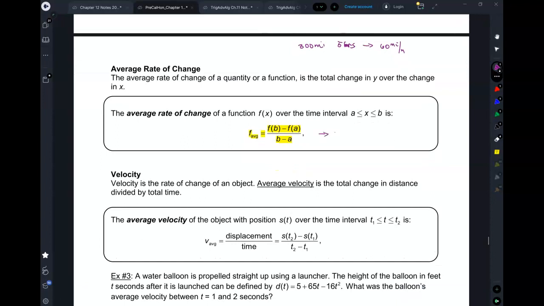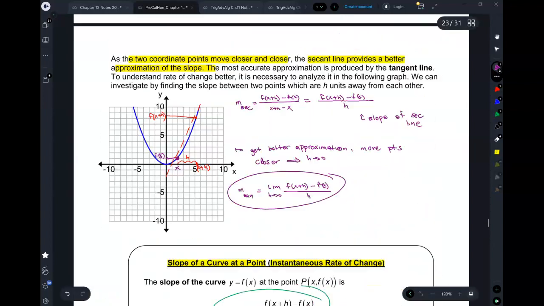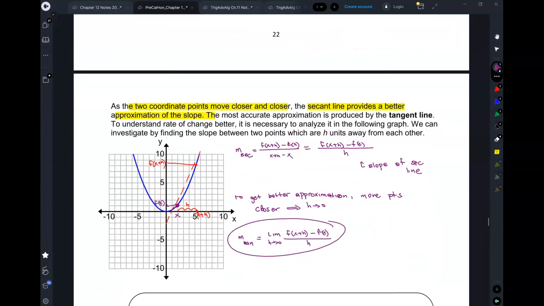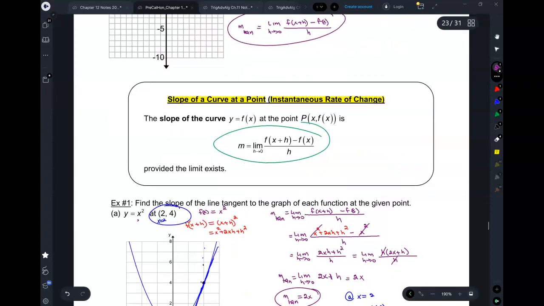So this is actually the slope of the secant line. So if we go back here, remember how we were doing this? If you take 2 points and find the slope of the line connecting those 2 points, that's the average rate of change of that function.